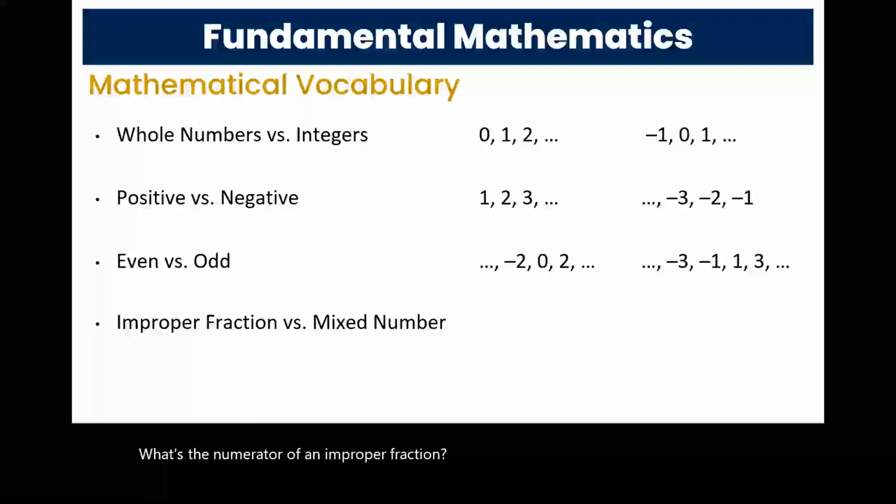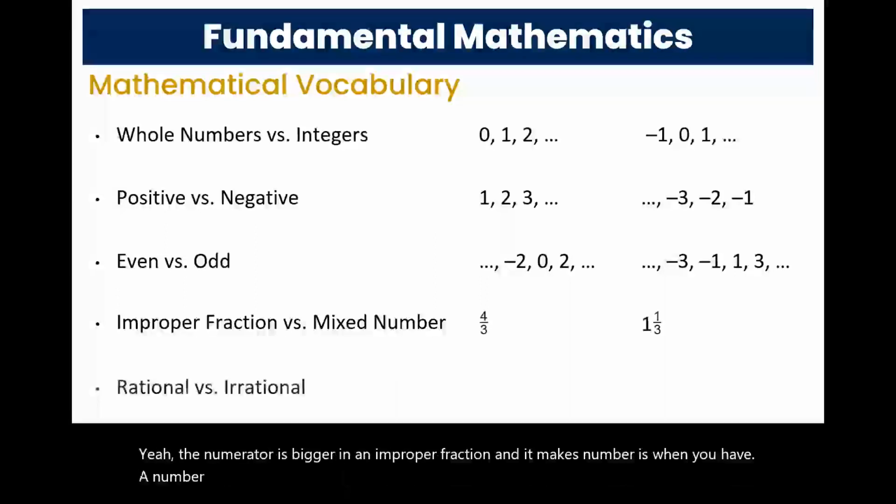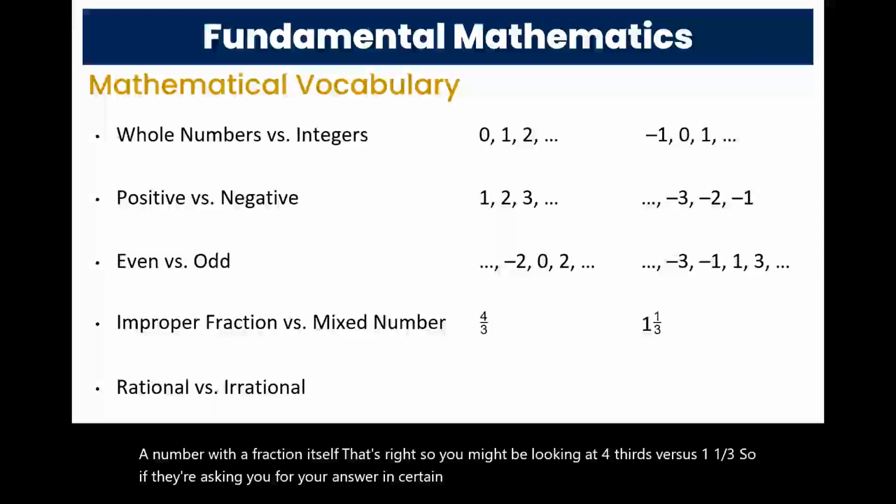Yeah, the numerator is bigger in an improper fraction, and a mixed number is when you have a number with a fraction itself. That's right. So you might be looking at 4/3 versus 1 1/3. So if they're asking you for your answer in certain terms, they might actually phrase it differently.